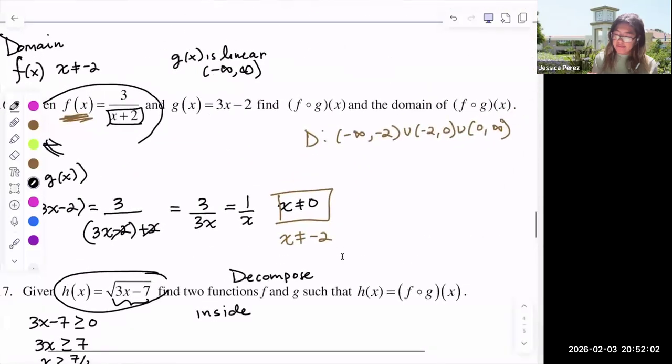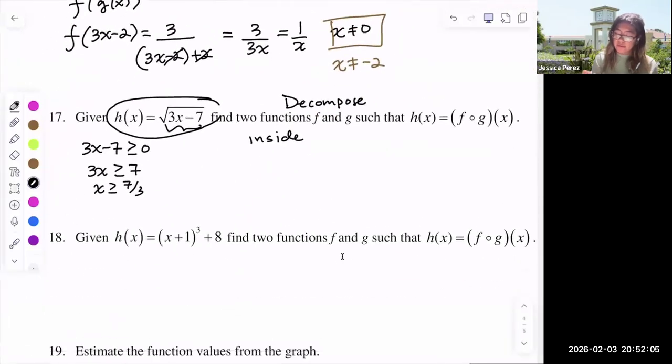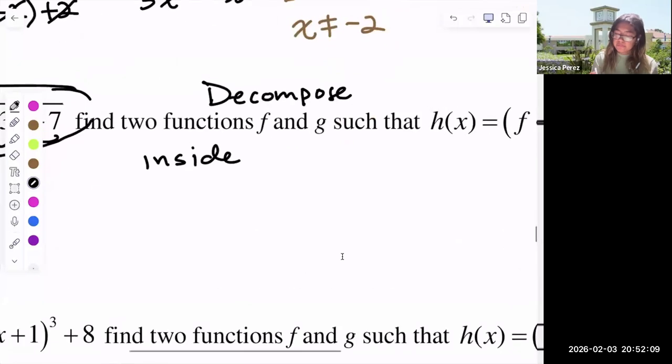So this one, they didn't ask to find the domain. It just said to decompose.